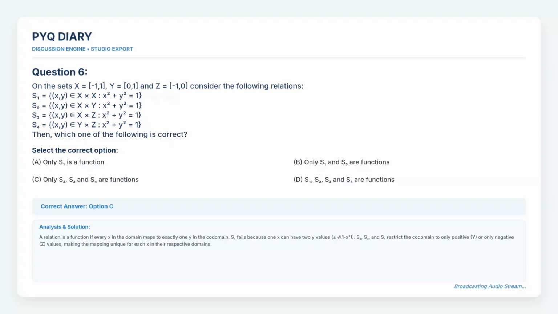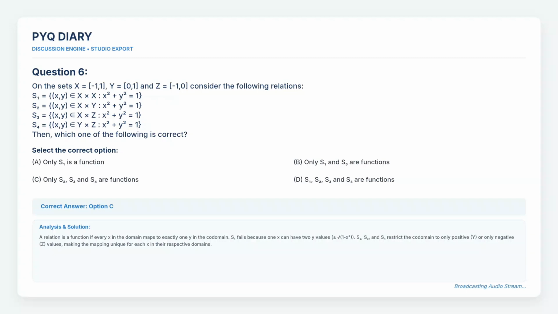Question 6. On the sets X equals {-1, 1}, Y equals {0, 1} and Z equals {-1, 0}, consider the following relations. S1 equals {(x, y) belonging to X cross X such that x square plus y square equals 1}. S2 equals {(x, y) belonging to X cross Y such that x square plus y square equals 1}. S3 equals {(x, y) belonging to X cross Z such that x square plus y square equals 1}.